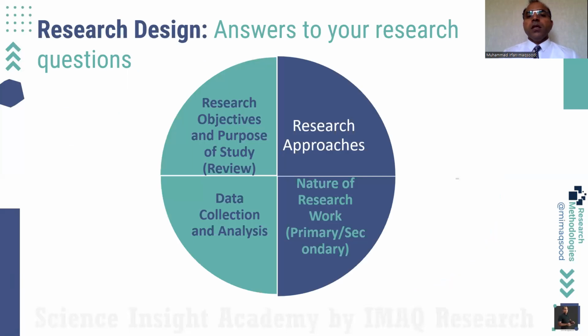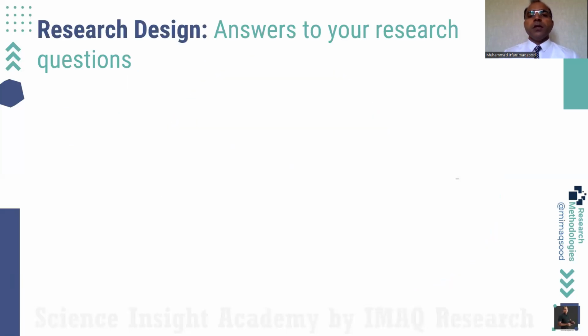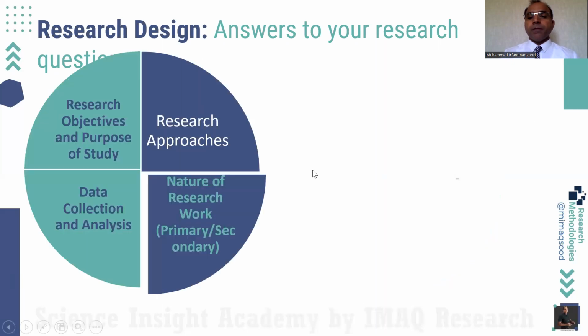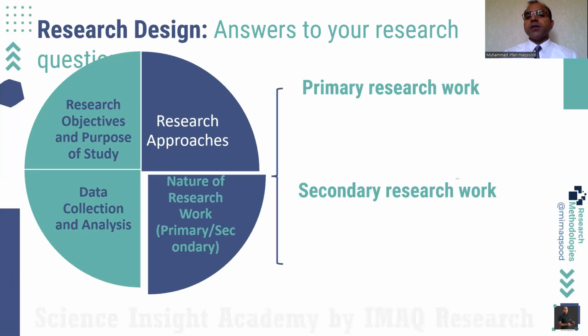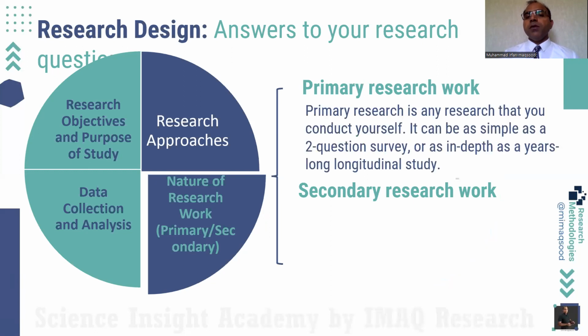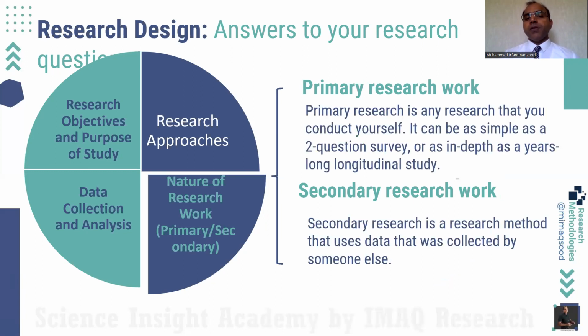The second segment of research design strategy is what kind of research work you are going to do. We have 2 types of research work, primary research work and secondary research work. Primary research work means you are generating a new piece of knowledge, entirely new data, a new research.